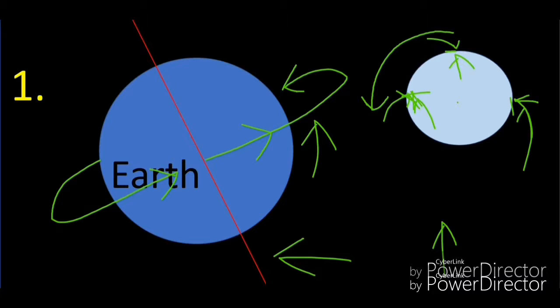Suppose the weight of an object is 100 Newton in the polar region, and when you come to the equinoctial region, the weight will become less. This will be around 99 point something Newton.